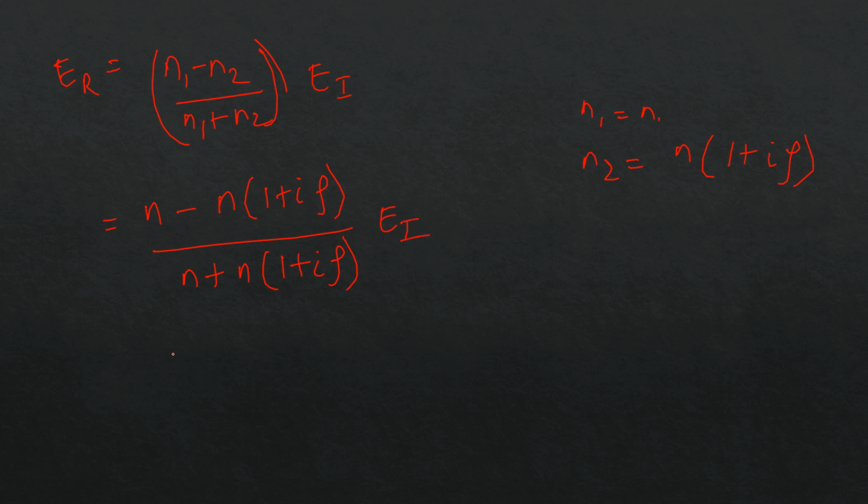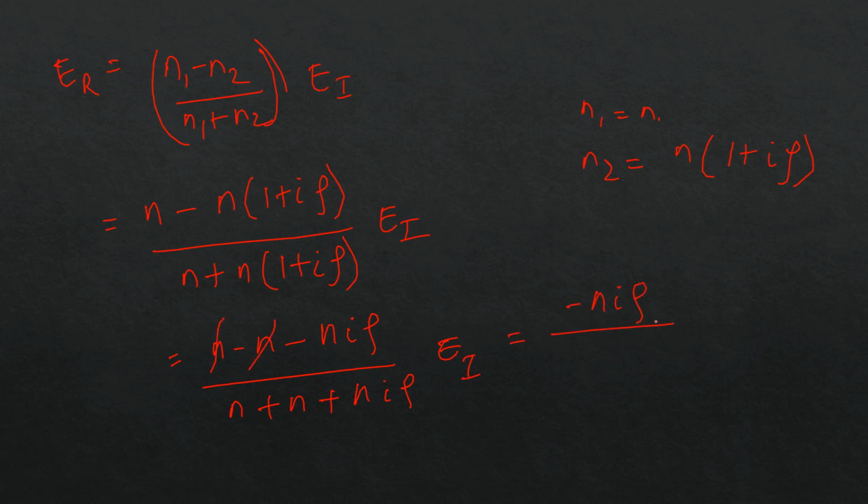This N minus N will be cancelled, leaving minus N iρ. If I take N common in the denominator, this will be N(2 plus iρ). So this will be minus iρ divided by 2 plus iρ.